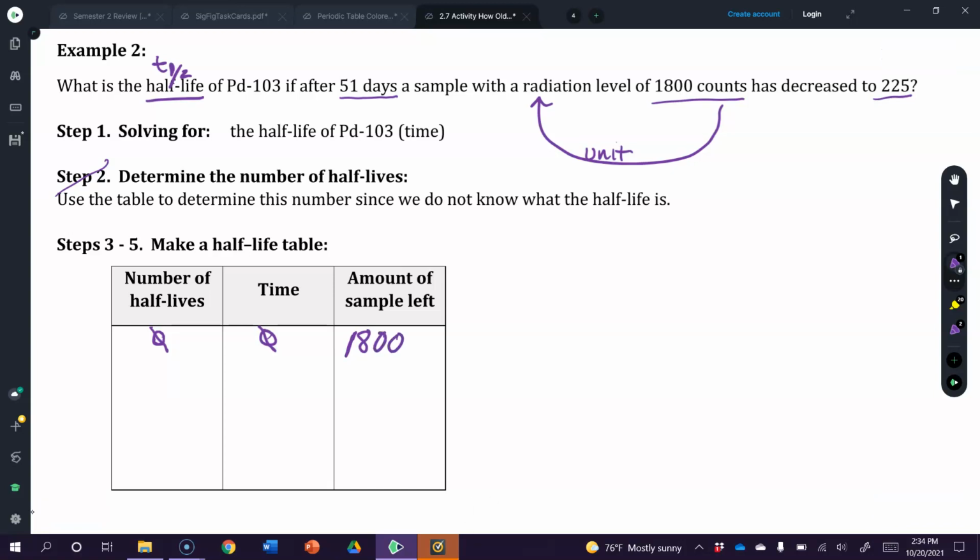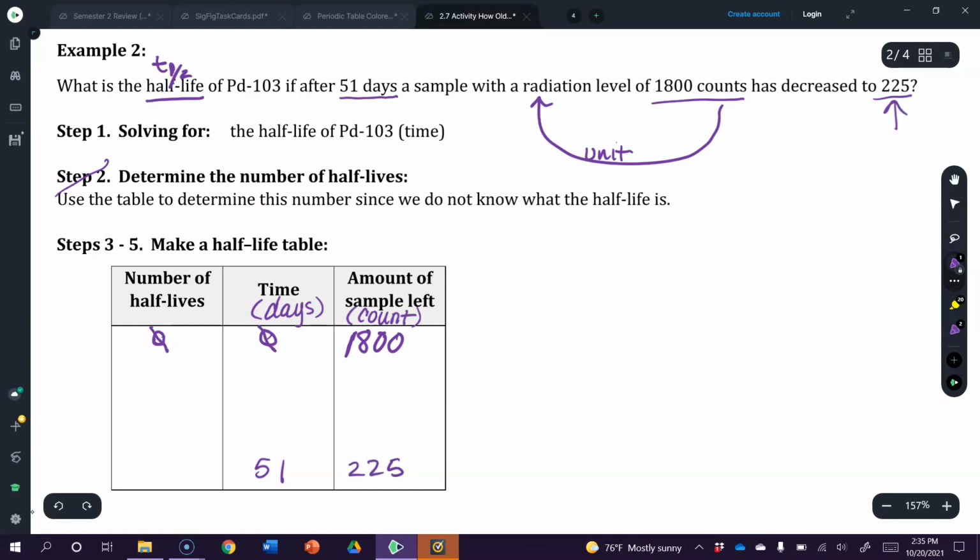And then we're going to write in our units, which was counts, and then for the time, it is days, because we see that in the equation, 51 days. So we know we're going to go from 0 to 51 days. And at 51 days, we will be at 225 counts. So to get from 1800 to 225, that would help us figure out the half-life.